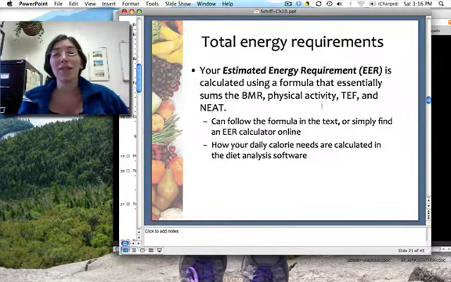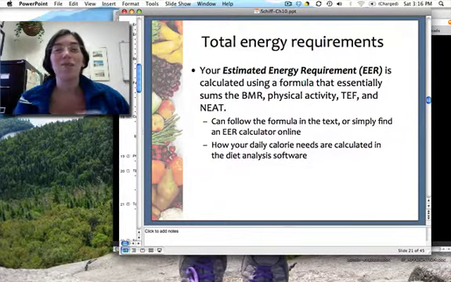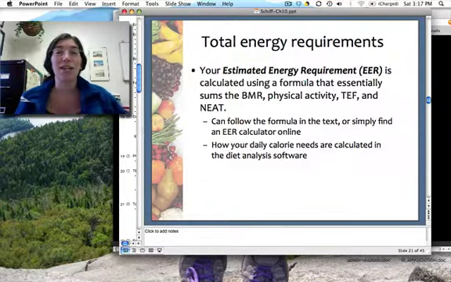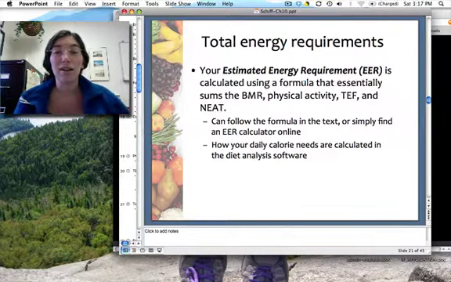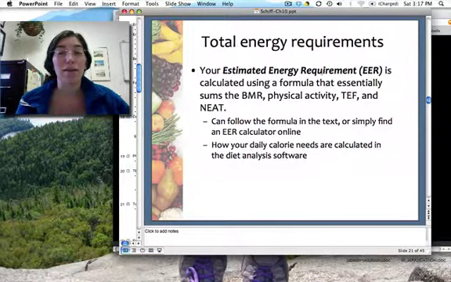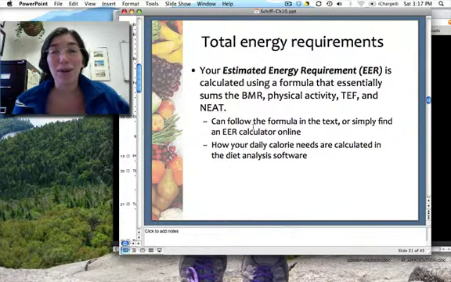Now, since you can't really estimate what someone's TEF is and what their NEAT is, dietitians and mathematicians have come up with a formula that you can plug your weight and your age and your physical activity into, and it'll tell you what your estimated energy requirement is. Another way to do it is just to look on your diet analysis report. That program has done it for you.